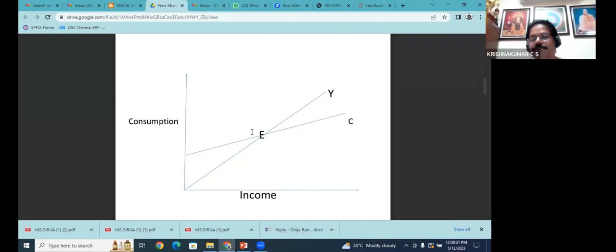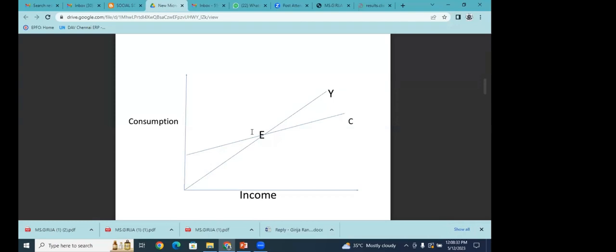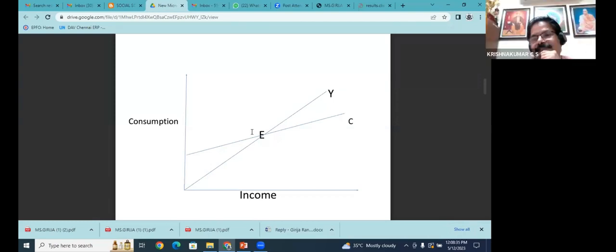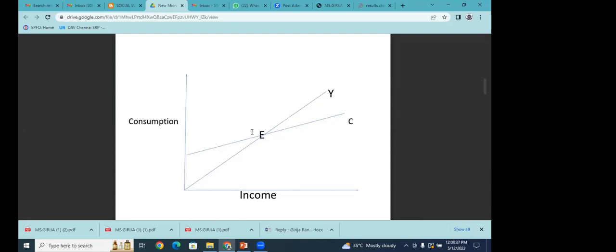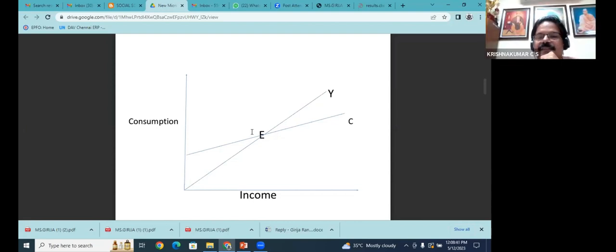Because consumption can never be 0. There is always autonomous consumption. C by Y will become 0 only if C is 0 or less than 0. But APC can never be 0 or negative, because consumption can never be 0 or negative. There is always autonomous consumption.